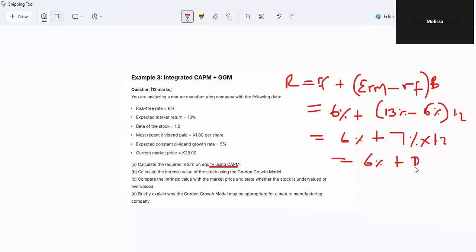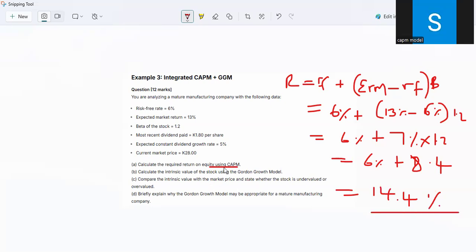That's 8.4. Then when you add the 6, we get 14.4%. That is the return using the CAPM model.